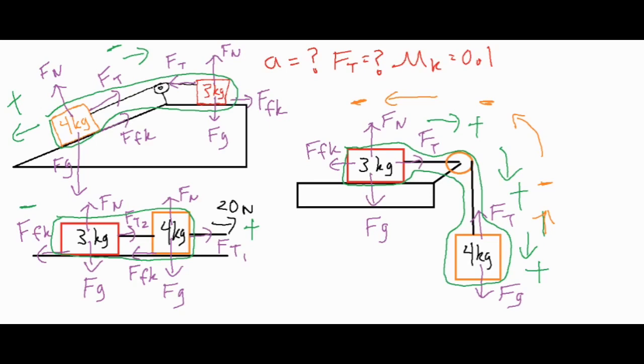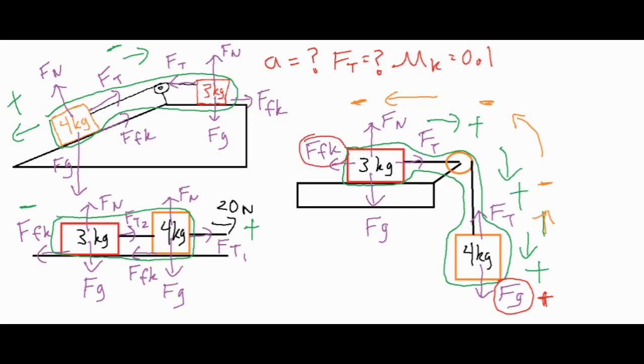If we take a look at, say, this system over here, our main driving force is this Fg right here. This is our main positive driving force. And then if we take a look at this 3 kilogram block, the main force that's opposing its motion is this Ffk over here.